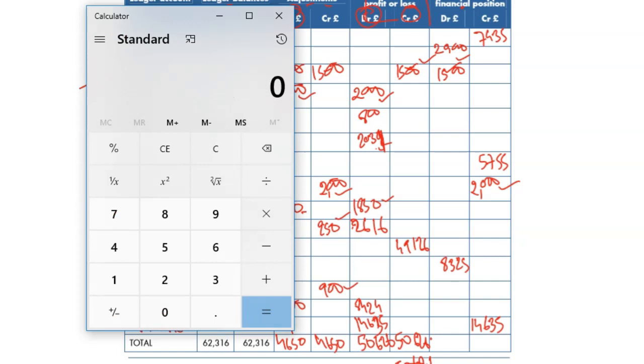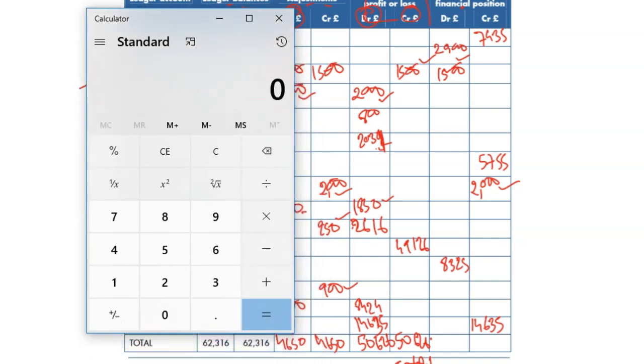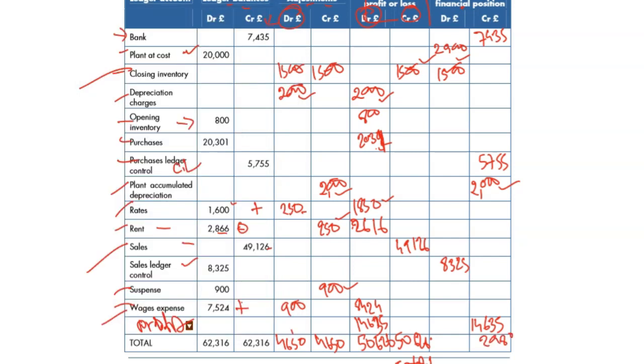How much is the bank? 7435. Then 7435 plus 5755 plus 2000 plus the profit of 14,635. How much? 29,825.